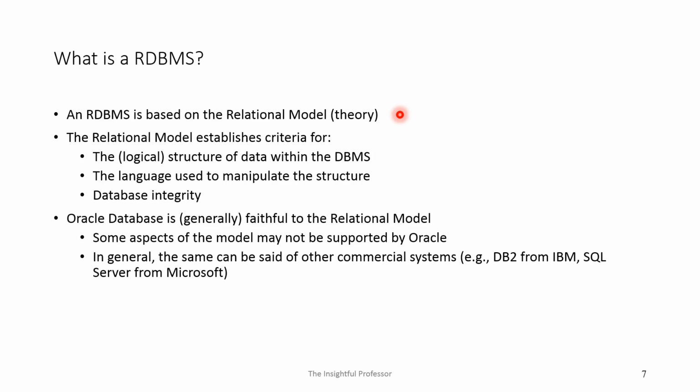Since then, commercial products were developed. IBM did some prototype research in the mid-1970s, headed by Donald Chamberlain. They developed a system called System R, which took Codd's relational theory and tried to see, well, can we actually put the theory into practice and make a database management system?